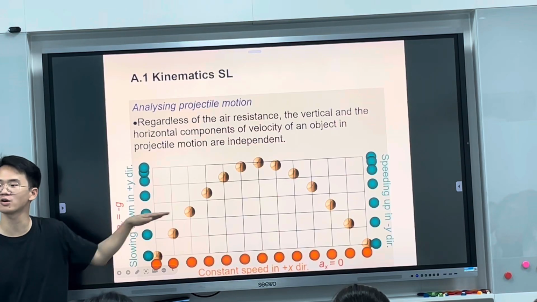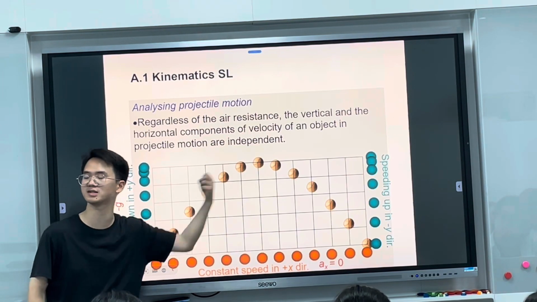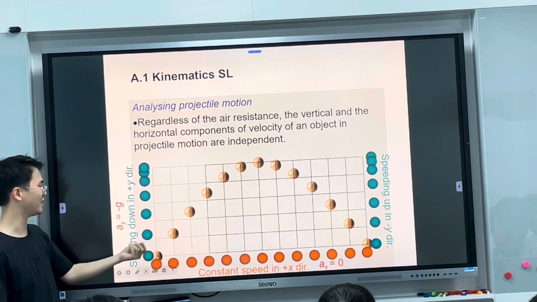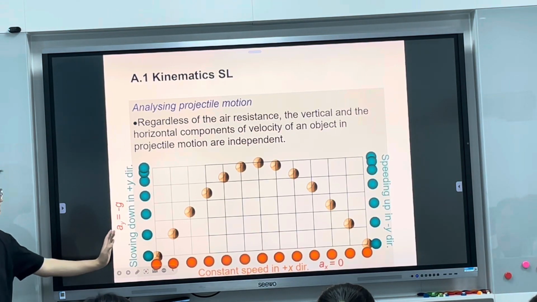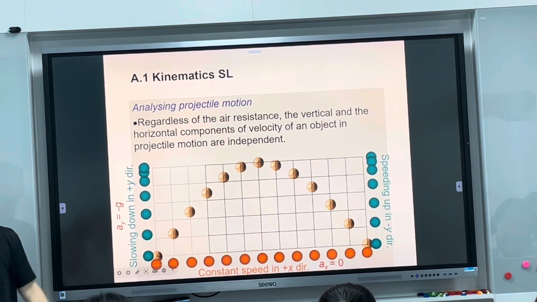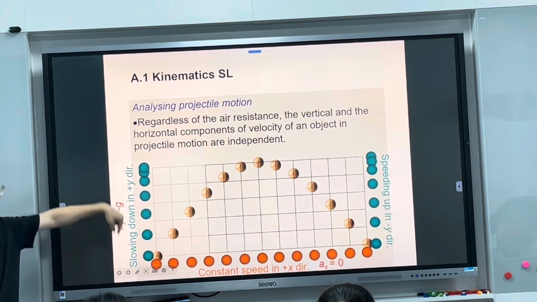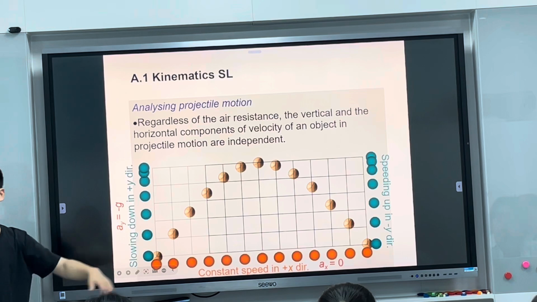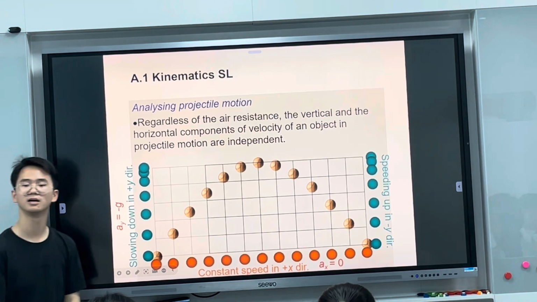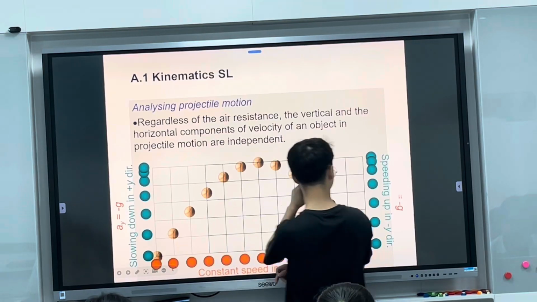Because there's no force pushing it forward or slowing it down, right? There's no force in the horizontal direction. Why does it slow down first and then speed up later in the vertical direction? Gravity. Because we have a force, the weight, acting on the projectile. Does that make sense? Okay.